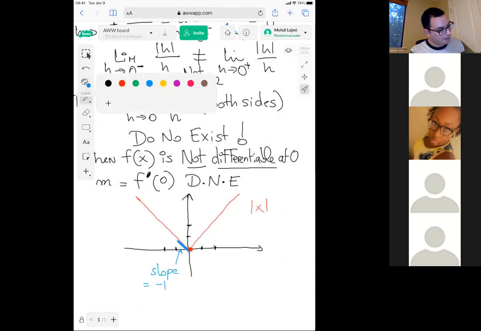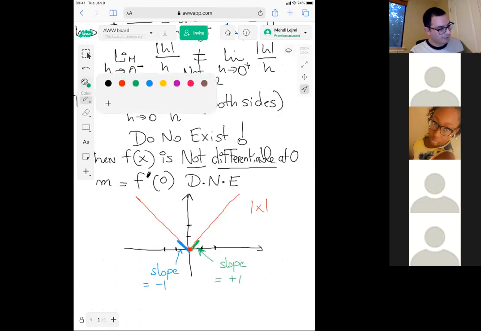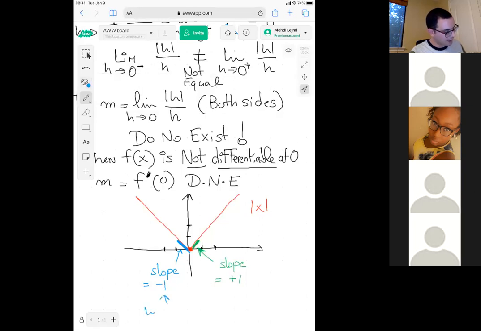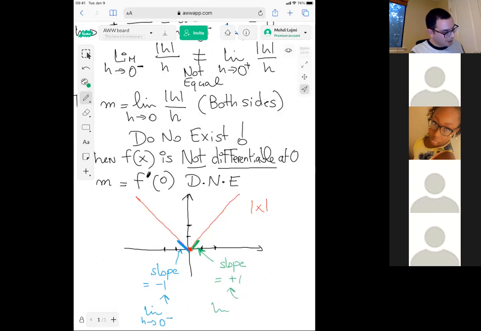And on the right of 0, the slope is positive because the function is going up, is increasing, so the slope is +1. That's our limit when h goes to 0 minus, and the +1 is our limit when h goes to 0 plus.